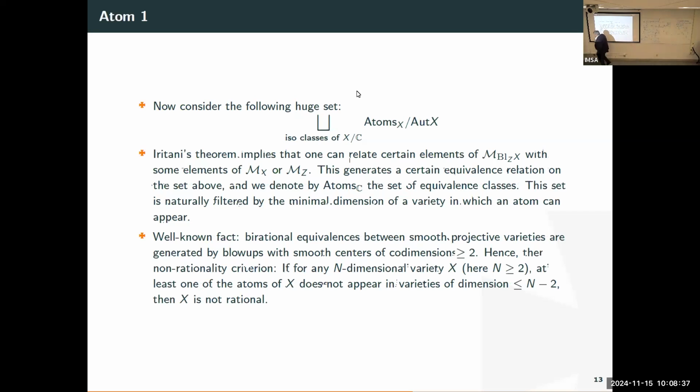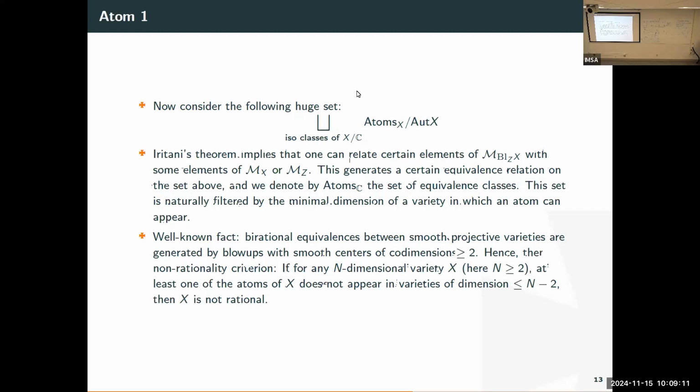And so this gives you in a way a natural filtration. And so this observation that locally they look like a product is a major point in the proof of the statement in the previous theorem. So this observation allows us to formulate the following approach to obstruction to rationality.